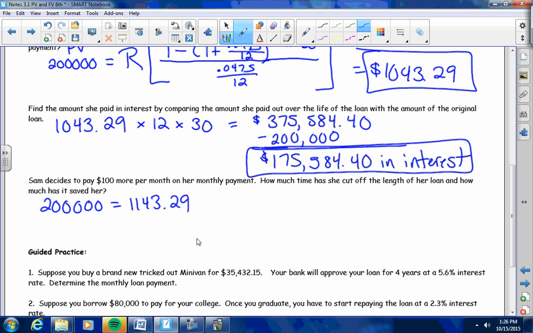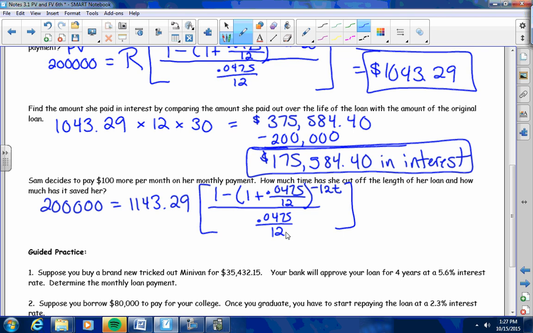That's R times 1 minus 1 plus 0.0475 divided by 12 raised to the negative 12 times t power, because t, we're going to figure out how much time it will take her to pay off this loan if she pays $100 more, divided by 0.0475 divided by 12.